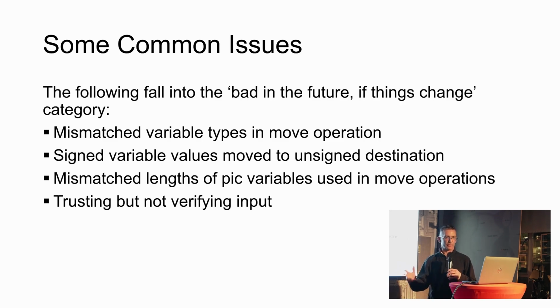And you'll find that some of the things that might be working now but could go wrong in the future are moving mismatched variable types between fields, the classic C issue but with different consequences of mixing signed and unsigned types, mismatched field lengths, and trusting user input a little bit too much.